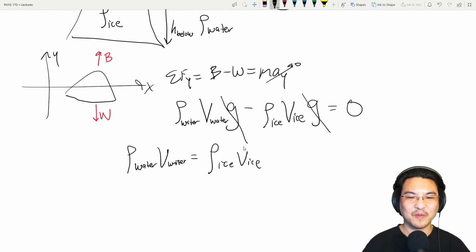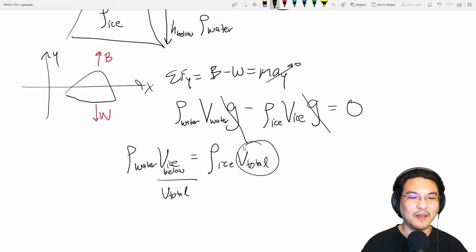We could phrase it like this. The volume of the water is the volume of the ice that's below the surface, and the volume of the ice is actually the total. So if I move things around a little bit, I'll move this over here, and then I'll move this over here.